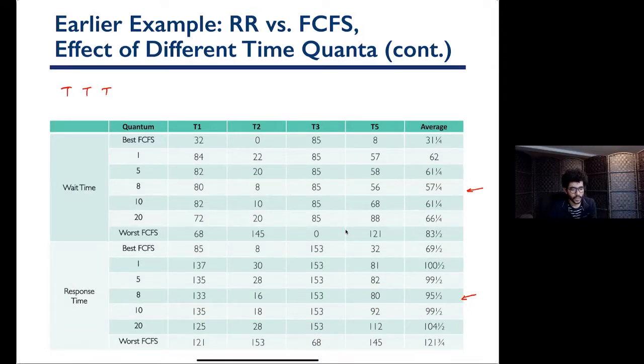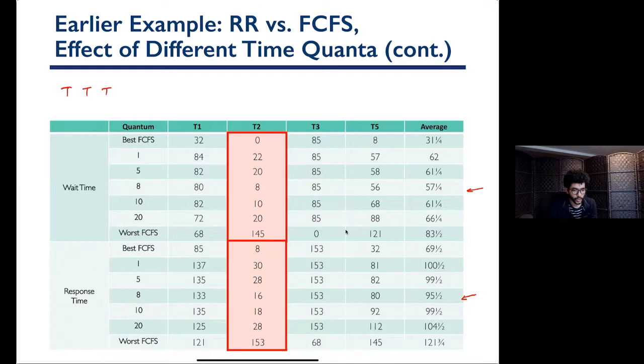Now, when you look at the table in this slide, you should look at these 2. So let's look at T2. You can see that the numbers are really different.